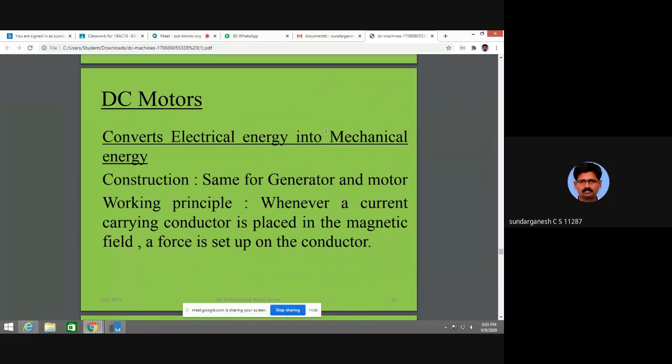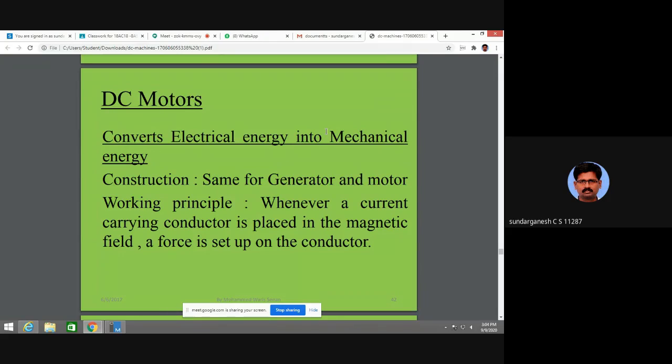DC motor will convert the electrical energy into mechanical energy. Construction is the same, I have mentioned already, same for generator as well as motor. Working principle: when you place a current carrying conductor in a magnetic field, a force acts on the conductor and the conductor will displace.